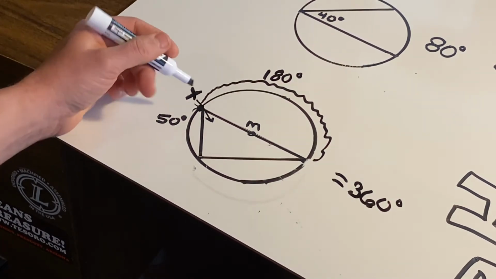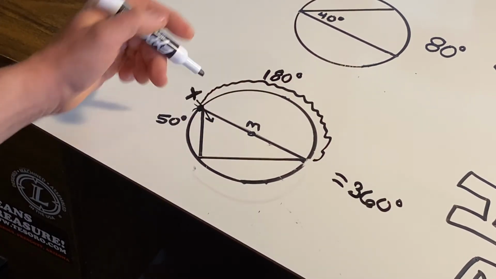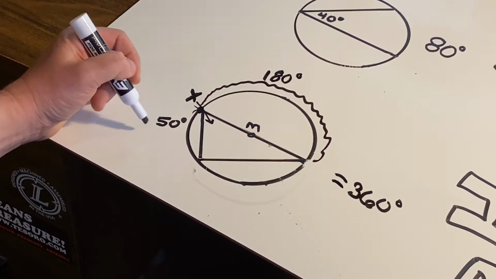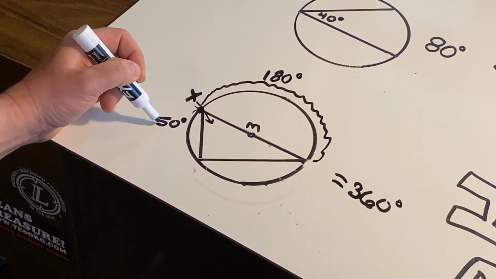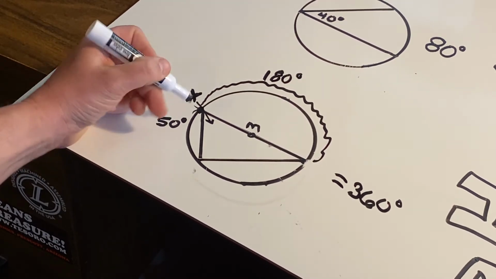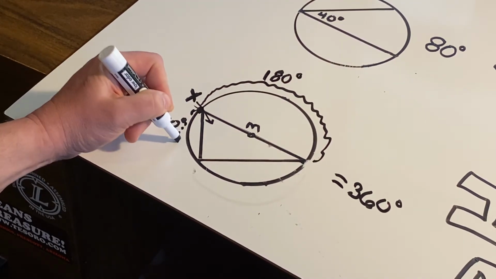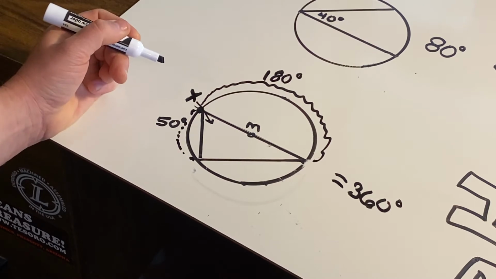Okay, now if we look at our example, it gives us an arc degree measurement of 50 degrees. So this section here, the measurement is 50 degrees.